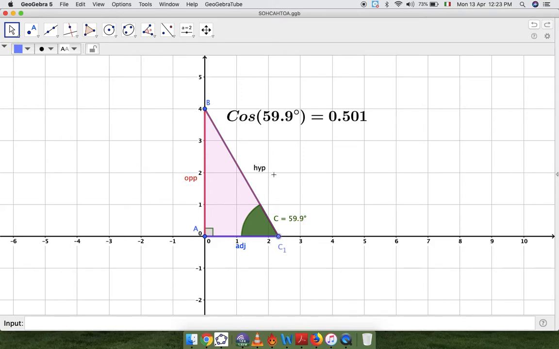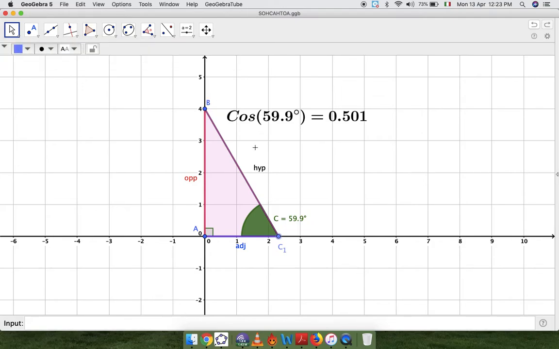Let's just say this is 60 degrees, 59.9. Okay. When I'm looking at the cosine, I'm comparing the adjacent to the hypotenuse. So in a 60-degree angle, I can't quite get 60 degrees, but just bear with me. When this angle is 60 degrees, the length of the adjacent side, 0.5, is half the hypotenuse.